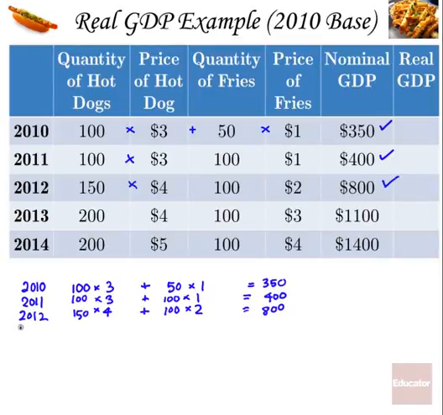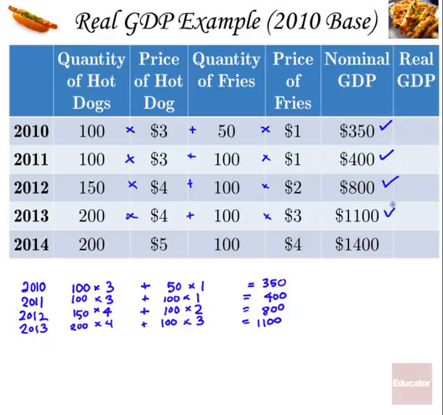Okay, another example here in 2013. Let's see, 200 times 4, which is what you have right here. Plus 100 times 3. And again, this is 800 plus 300. Now you have 1,100.